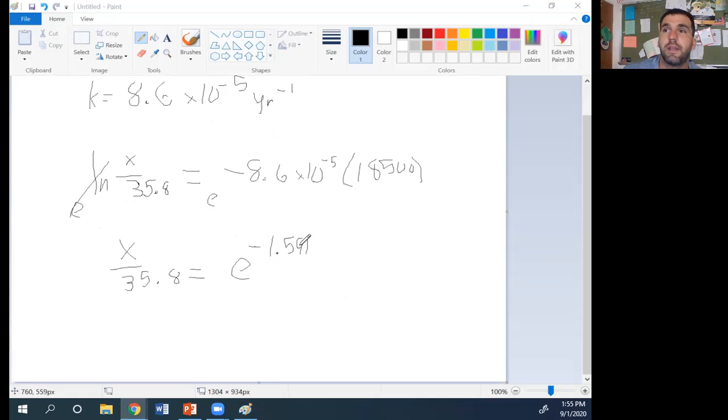Negative 1.591 and then hit second ln. 0.04. Is that what you got? 0.204. And now I'm left with, so that equals X.